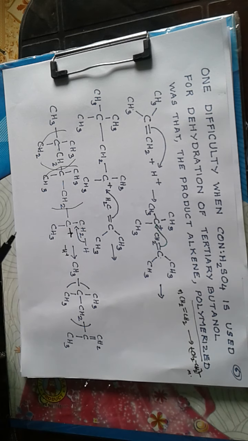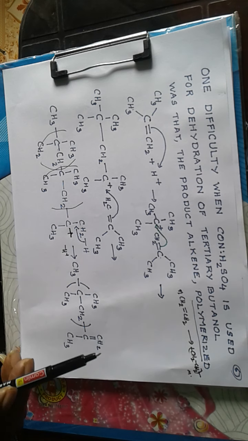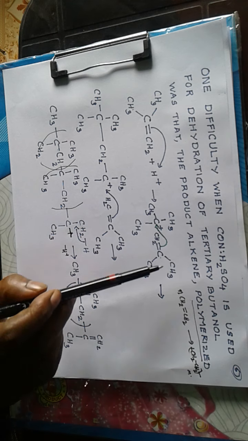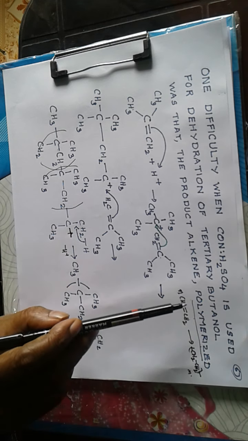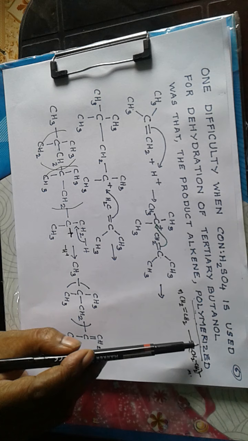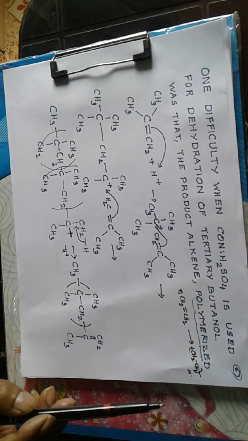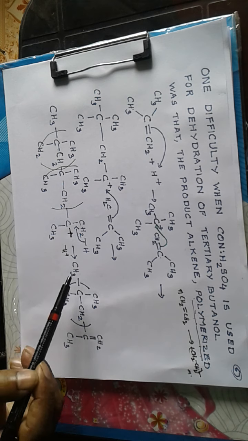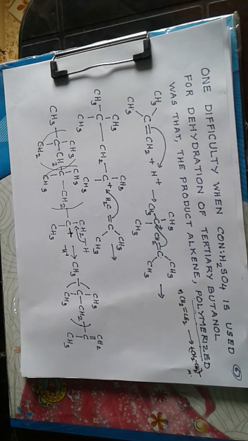to remember these reactions, because you may be asked why concentrated sulfuric acid is not used for dehydration of tertiary butanol. If such a question is asked, then the only answer is that the alkene polymerizes to produce a polymeric structure, a molecule having a high molecular weight.